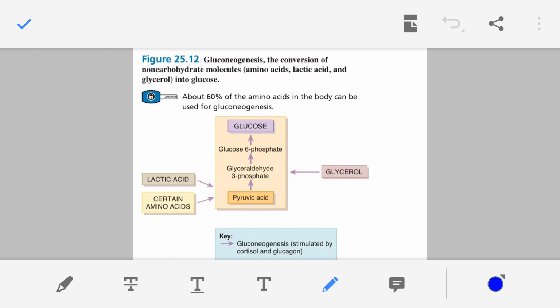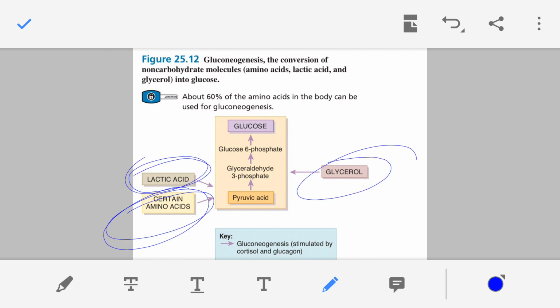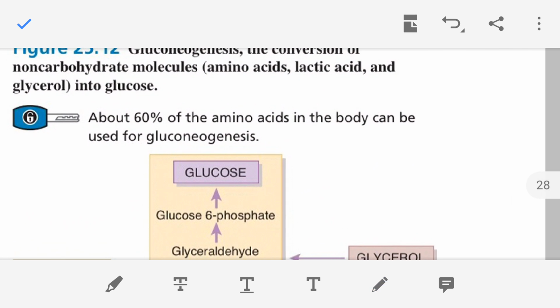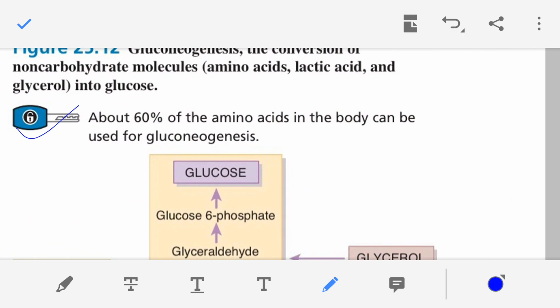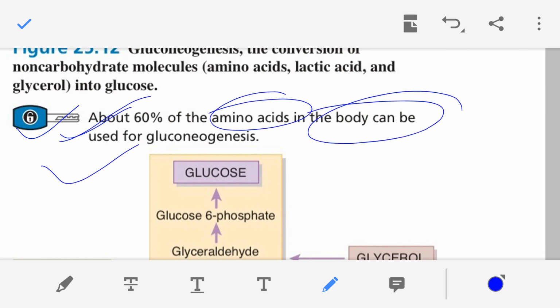So see over here, lactic acid, glycerol and amino acids are shown, and in the liver cell they are converted into glucose. Now the key point, about 60% of amino acids in the body can be used for gluconeogenesis.